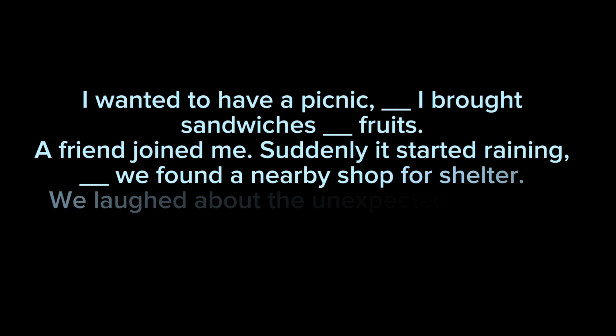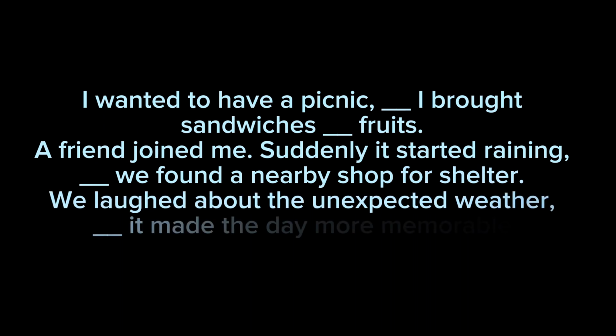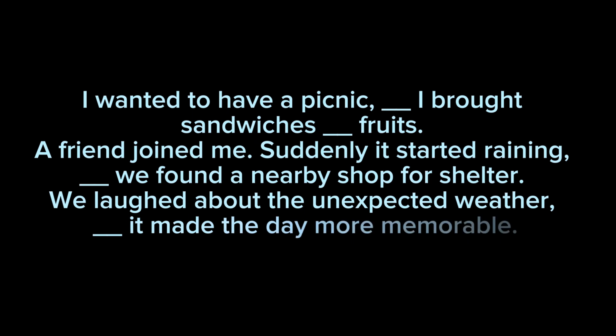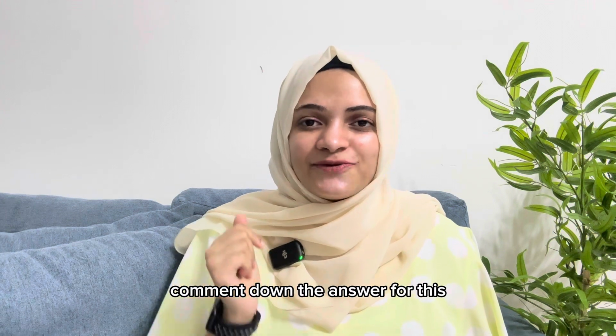A friend joined me. Suddenly, it started raining. Dash, we found a nearby shop for shelter. We laughed about the unexpected weather. Dash, it made the day more memorable. Now you know what you have to do, right? Comment down the answer for this.